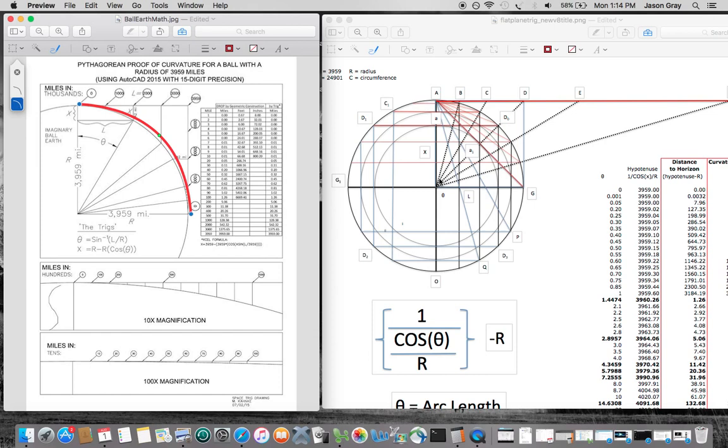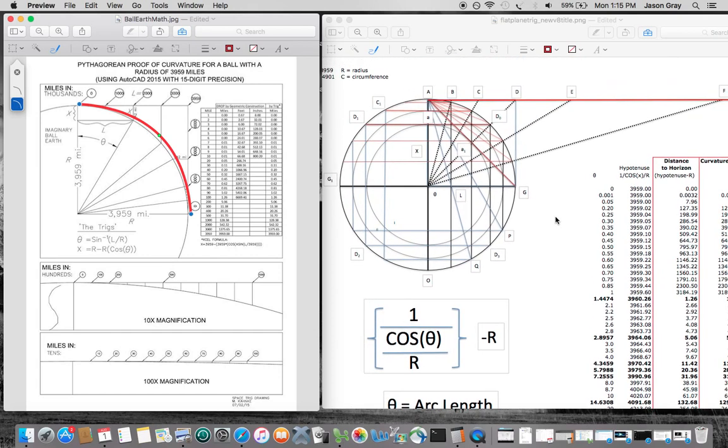Each of these dotted lines represents 15 degrees along this 90-degree arc, with a radius of 3,959 miles, and each arc length of 90 degrees is a quarter of the circumference, which ends up being 6,225 miles.